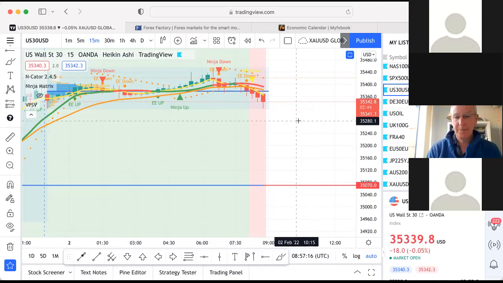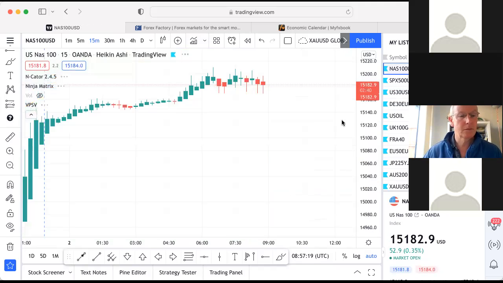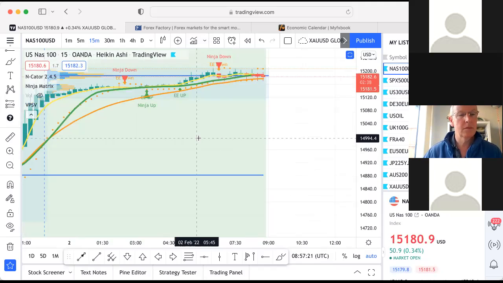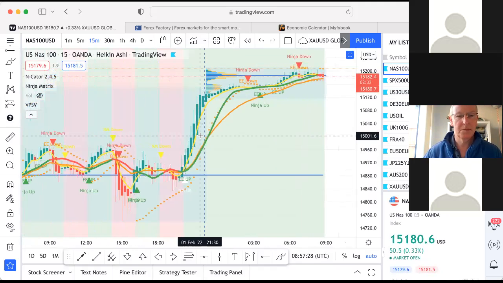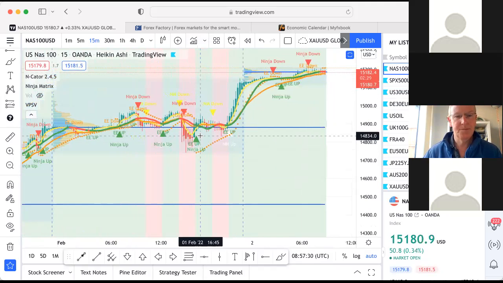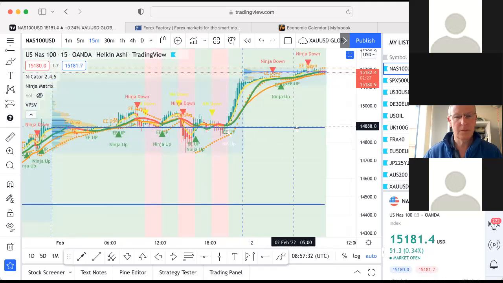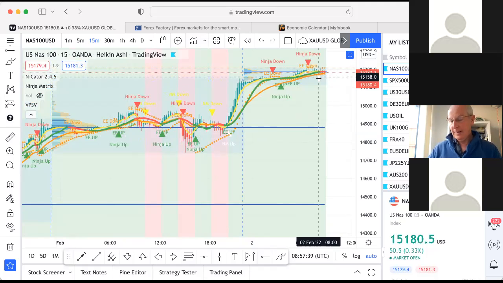But I mean, if we look at NAS as an example, I haven't been looking at it, but there we go. My first impression would be, well, the point of control from yesterday is down here. Price is currently up there, but price is just rotating. It's just consolidating.